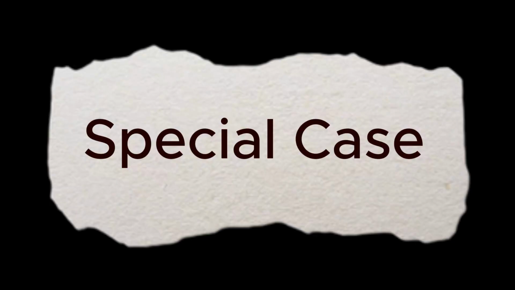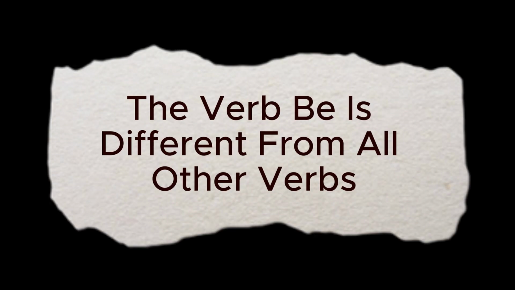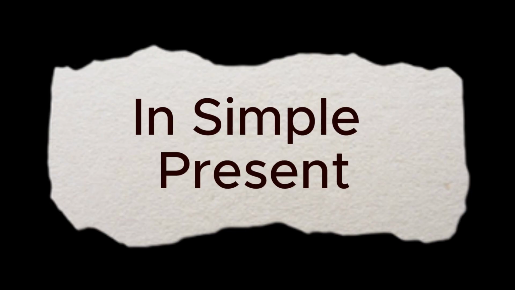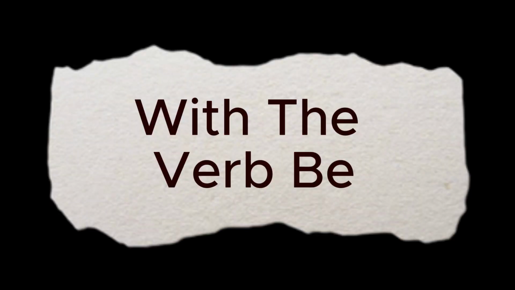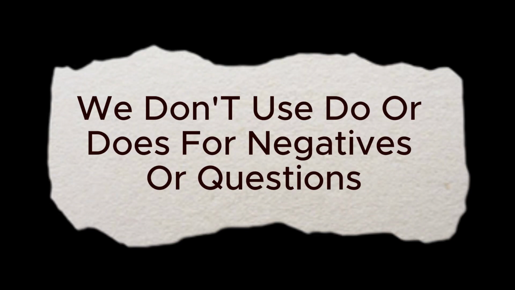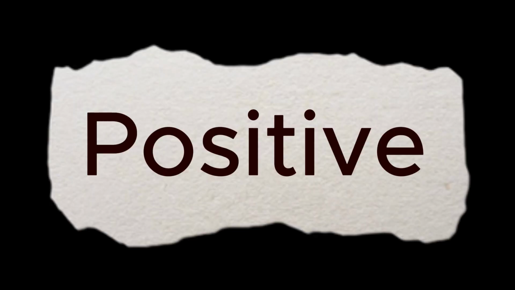The verb be, special case. Important note: the verb be is different from all other verbs in simple present. With the verb be, we don't use do or does for negatives or questions. Positive: I am, I'm.